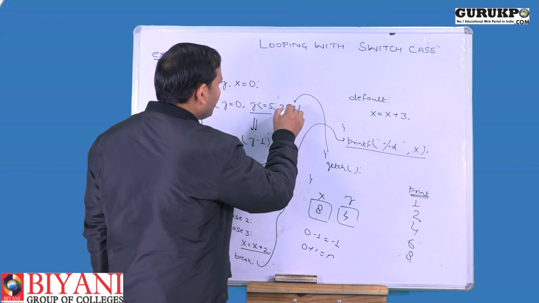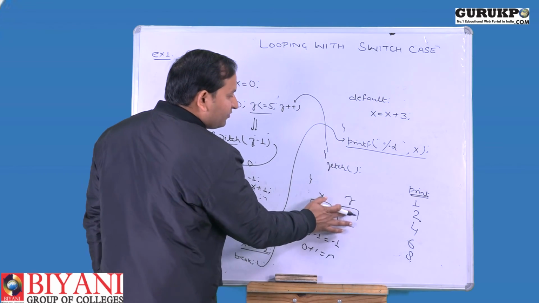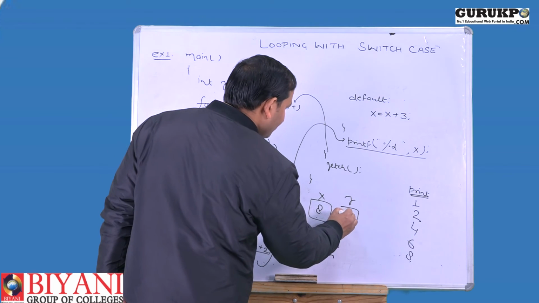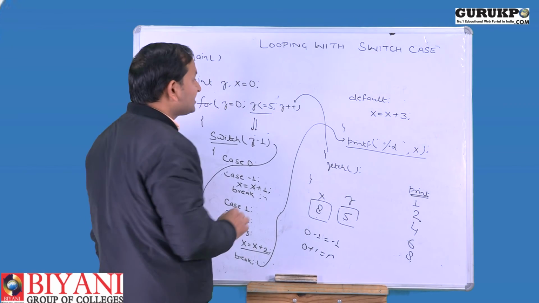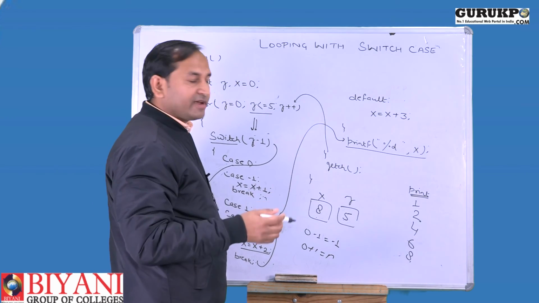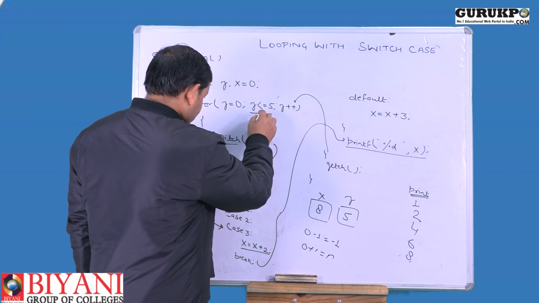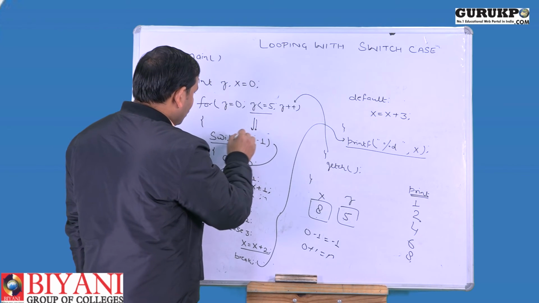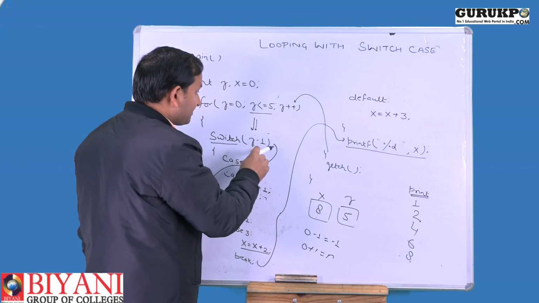Again control jumps here, j plus plus, previous value of j is 4, now j becomes 5. 5 is less than equal to 5, 5 is not less than, but it is equal to 5. So condition is again satisfied. Inside for loop, switch 5 minus 1 gives 4.